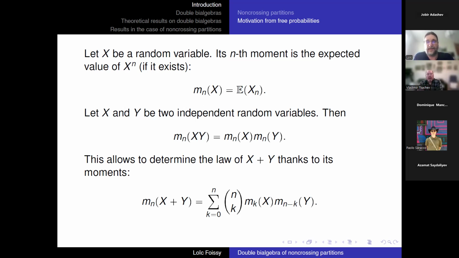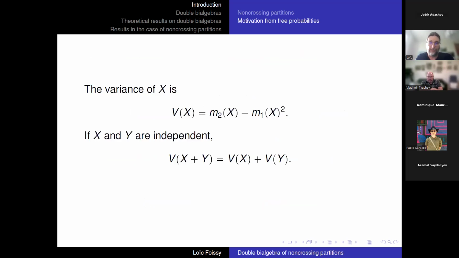In good cases, at least if all these moments exist, you can determine the law of x plus y, if x and y are independent, thanks to its moments. You can compute the moments of x plus y just by a binomial formula. So this is the classical case. First you have a variance, which is the moment of order 2 minus the square of the moment of order 1. And you know, which is quite classical, that if x and y are independent, the variance of x plus y is the sum of the variances.